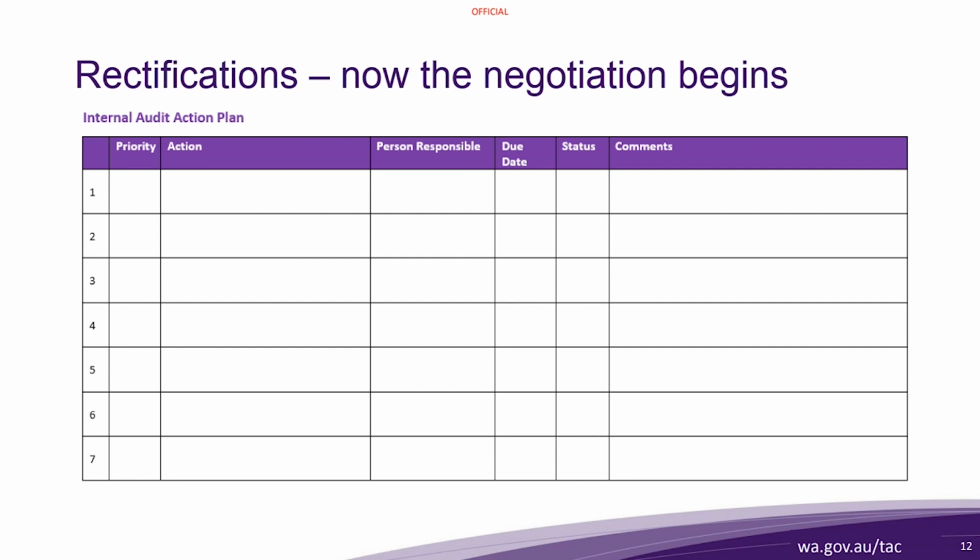When we do that, it also gives us an opportunity to make it a little less overwhelming. So, for example, there might be 10 actions and you're looking at it and thinking about your calendar and going, how on earth am I going to do all of these things? If they're prioritised, you only have to focus on number 1 first. So we do that first and then move to the others.